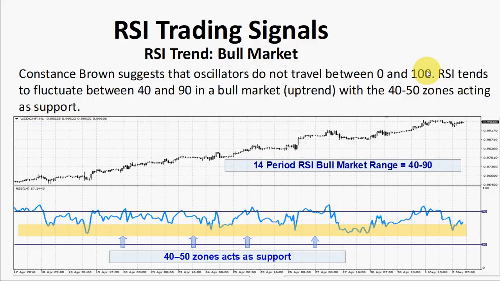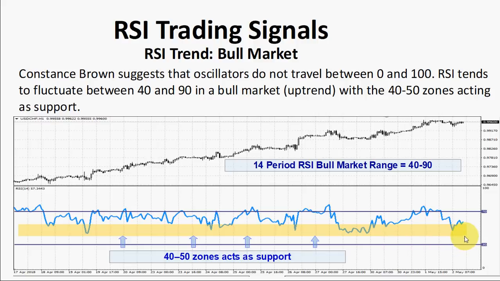So let's look at the bull market. It suggests that RSI fluctuates between 40 and 90 in a bull market. In an uptrend, it goes between 40 and 90, so that in a bull market, RSI will not touch the 30 zone.